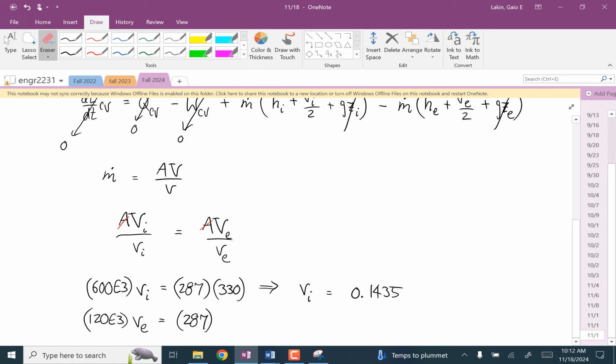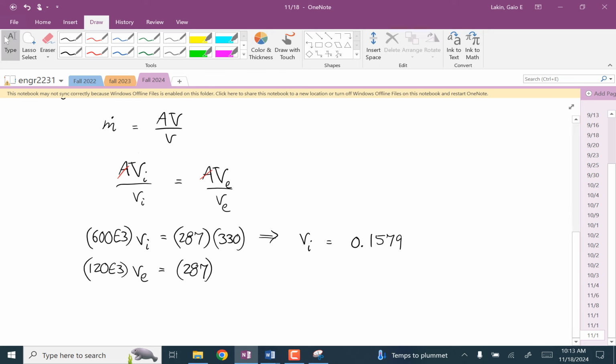So this is 0.1579. And then little v exit is equal to 0.7175.